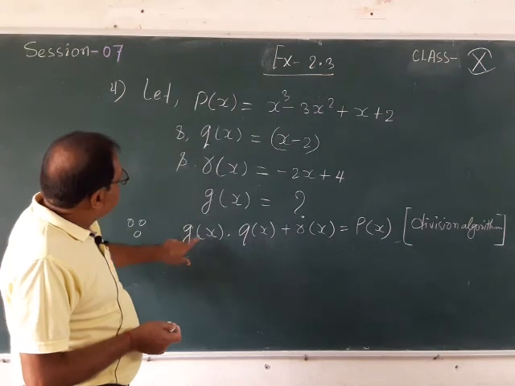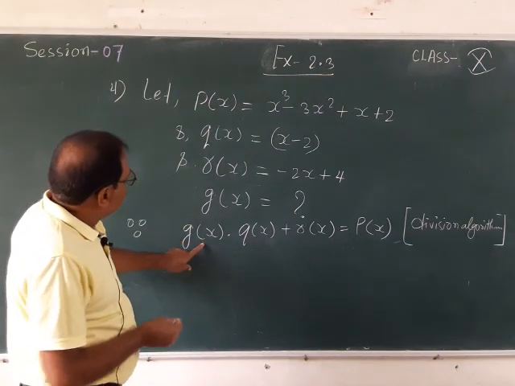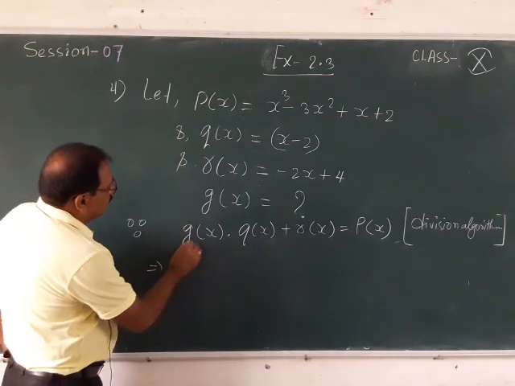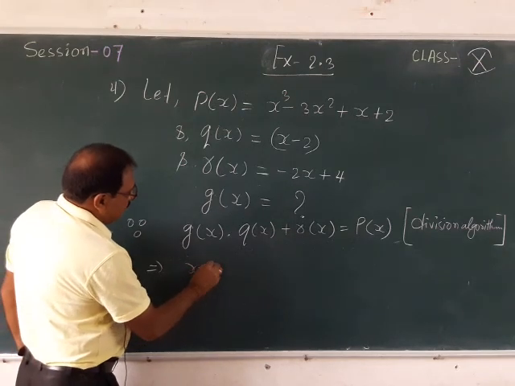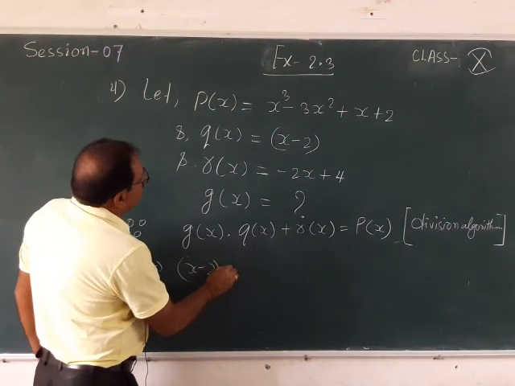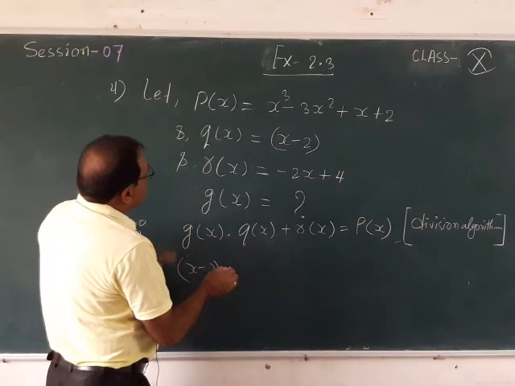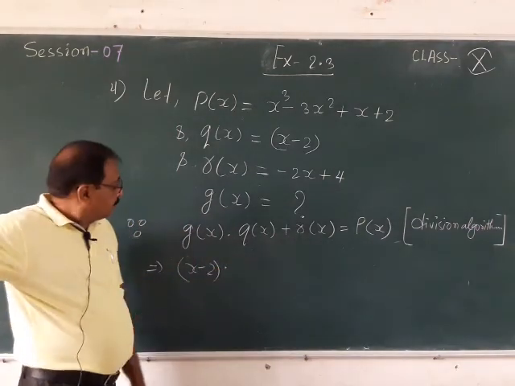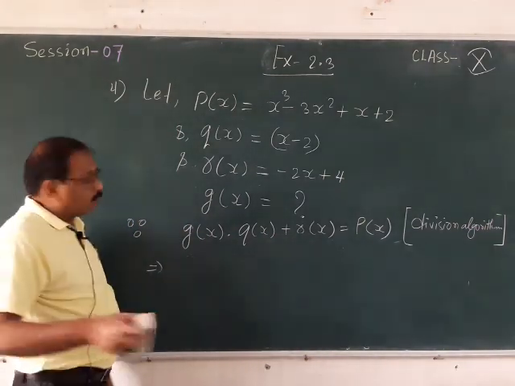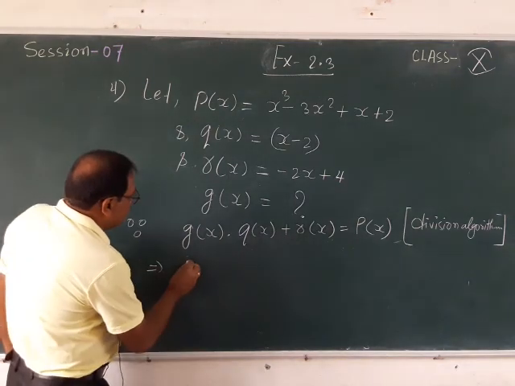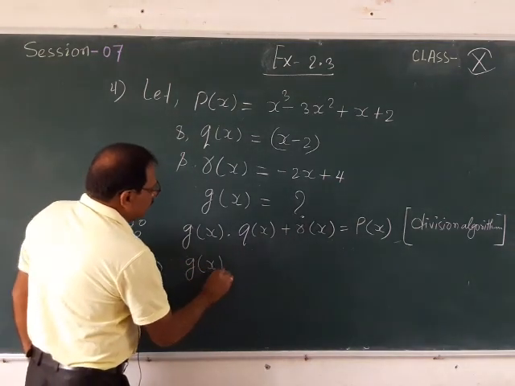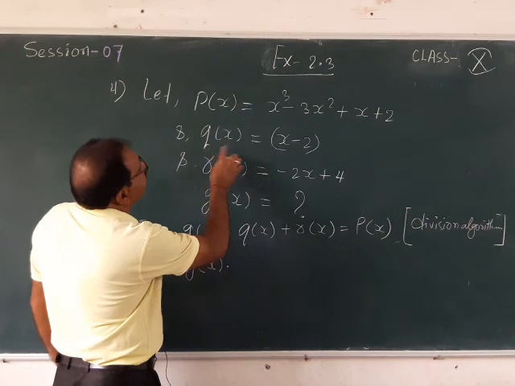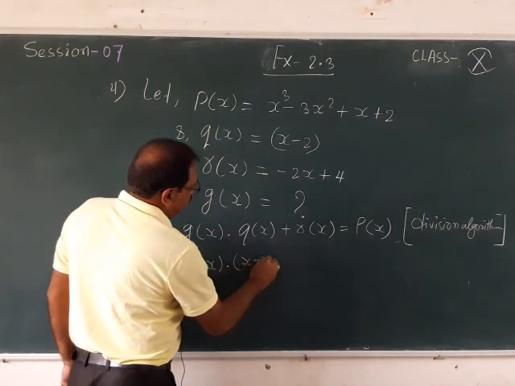Now q(x) is given, that is x minus 2. Here it is not g(x), it is actually q(x). So I am writing just g(x), and instead of q(x) I am writing x minus 2.